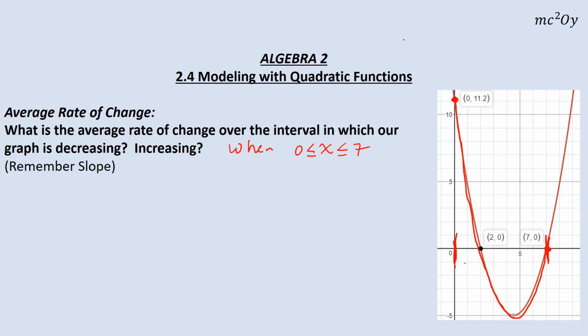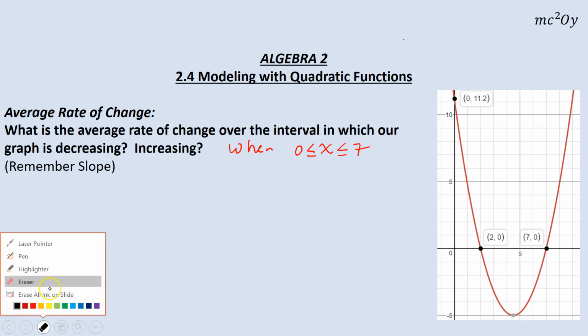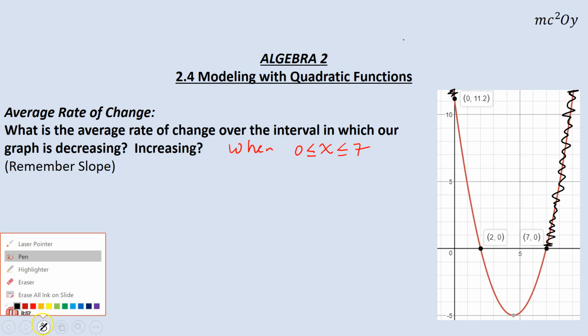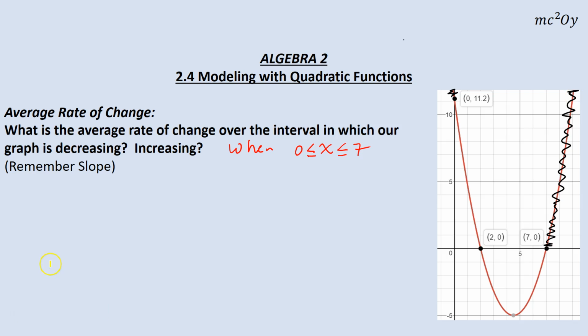Or the other way to think about it is to go ahead and erase this, and say in this picture we are going to ignore this little piece above here and all of this part of the graph over here. So we're going to focus on the decreasing piece first. The decreasing piece is where we start here, go down, and hit right there at the vertex.